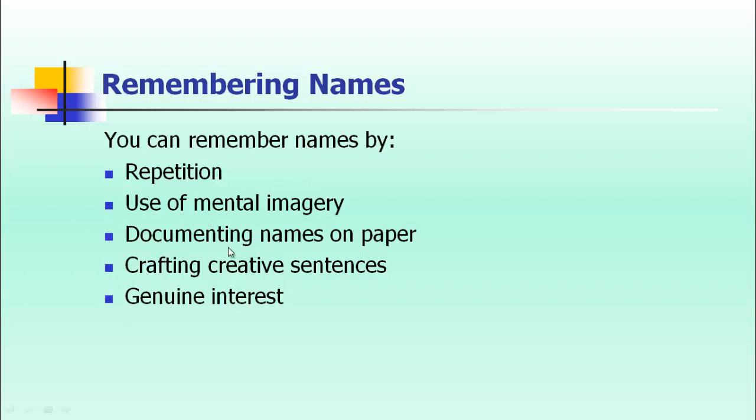Third is documenting the names on a paper, or maybe you can jot them down on paper. If you are meeting a lot of people, then it's an easy way to remember, especially when you are conducting a course in a new batch and 15 to 20 students are sitting in front of you. At that time I use this particular concept of repeating the name.